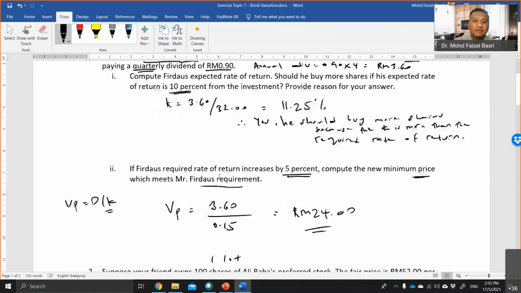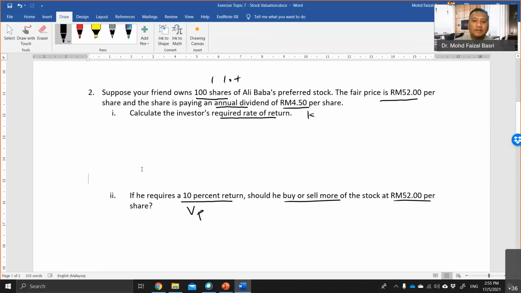But for the second question, they ask us to comment whether to buy more or sell based on VP. So that would be the difference. Anyway, the flow or the steps to find it is very much similar.